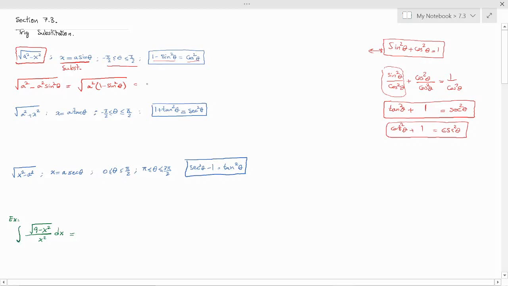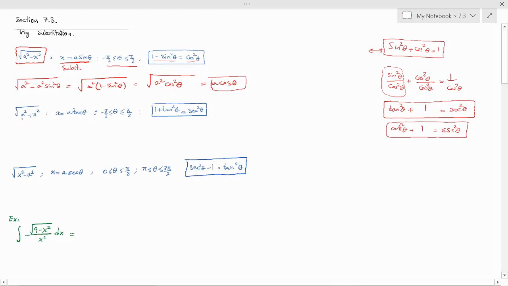Therefore, this could be simply the square root of a squared cosine squared theta, which is simply a cosine theta. So this is the good thing about picking this substitution: you can simplify this square root to a cosine theta, where a is a constant. So basically, you'll end up with cosine theta, and we can integrate that.